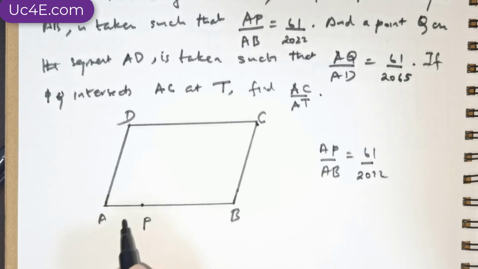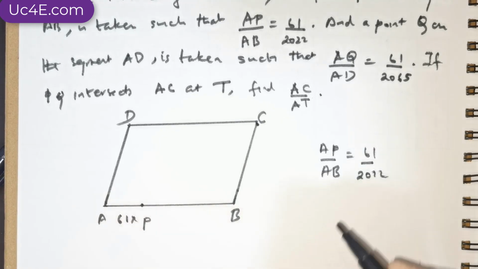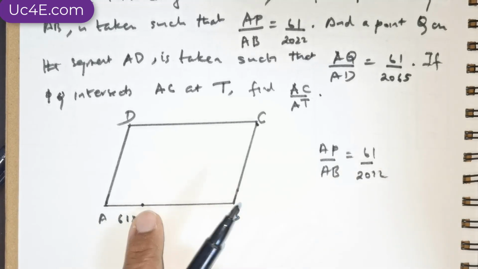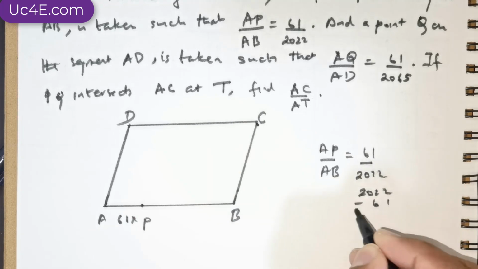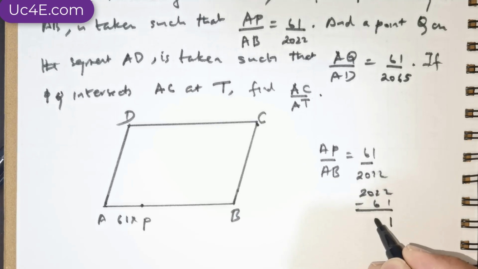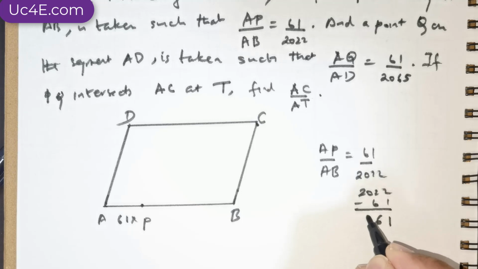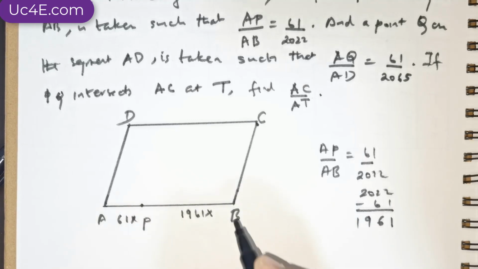Now if this distance is taken to be 61x, then naturally this distance is going to be 2022 minus 61, that's 1961x.